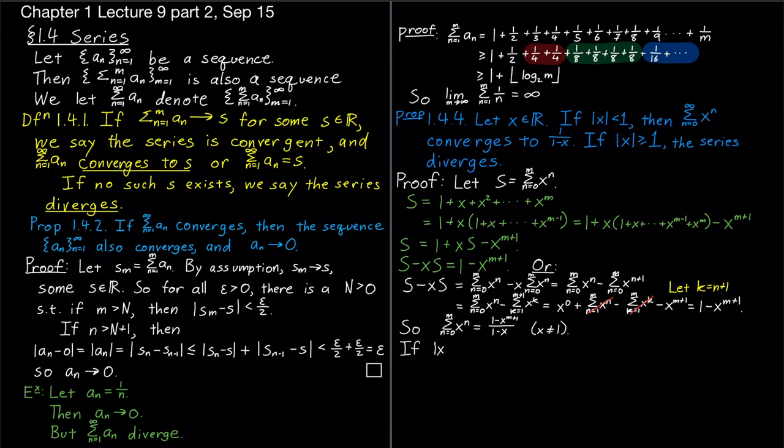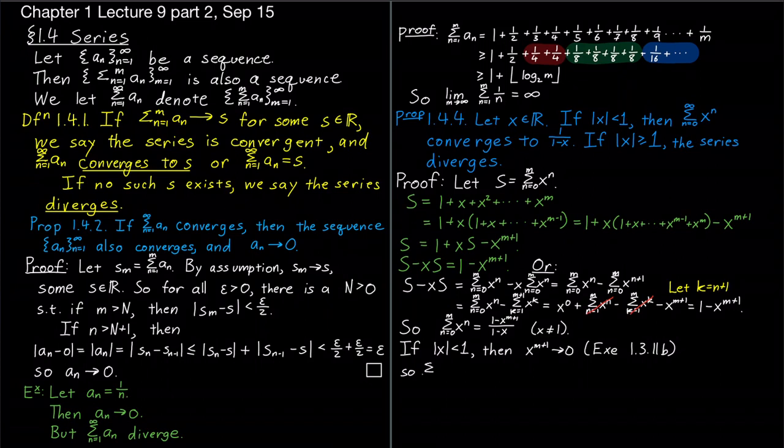If the absolute value of x is less than 1, then x to the m plus 1 converges to 0. That is proposition 1.4.2. That is not a proposition, that is exercise 1.3.11b, which we assigned for homework.